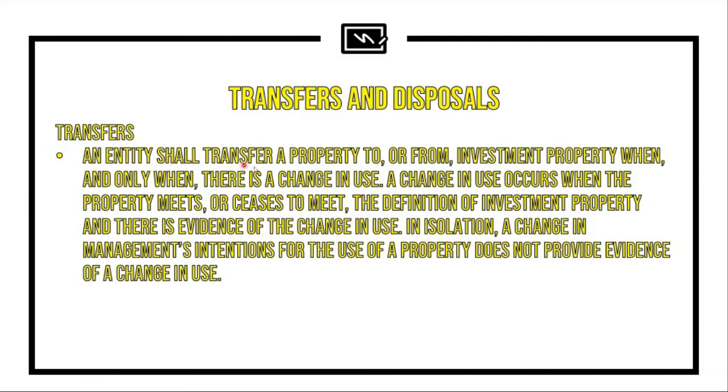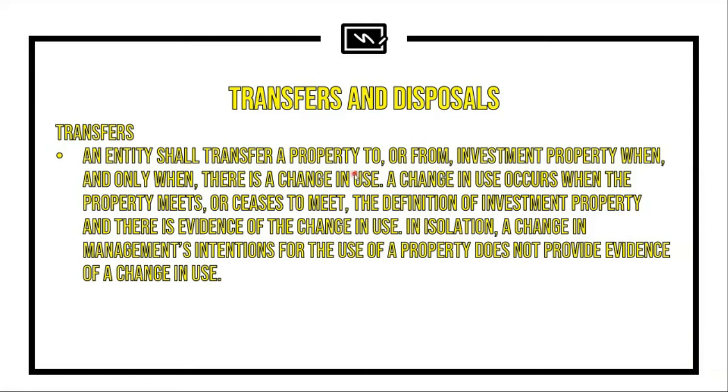An entity shall transfer a property to or from investment property when and only when there is a change in use. So if you're going to remodel or modify the property and then sell it, it is going to be inventory. If you're going to change the use from investment property to owner-occupied, then it will become PPE.